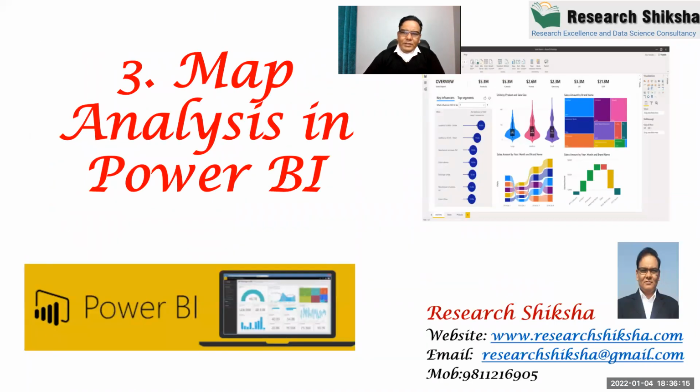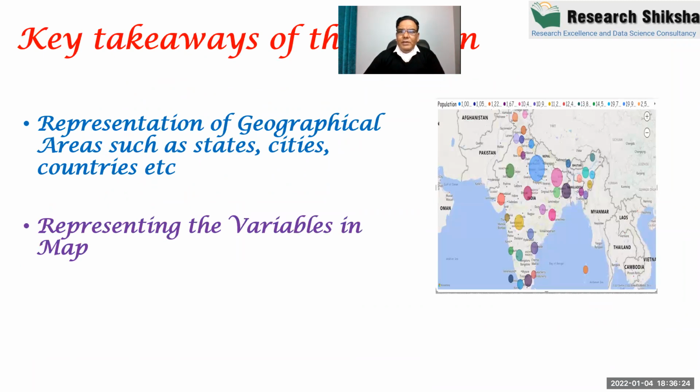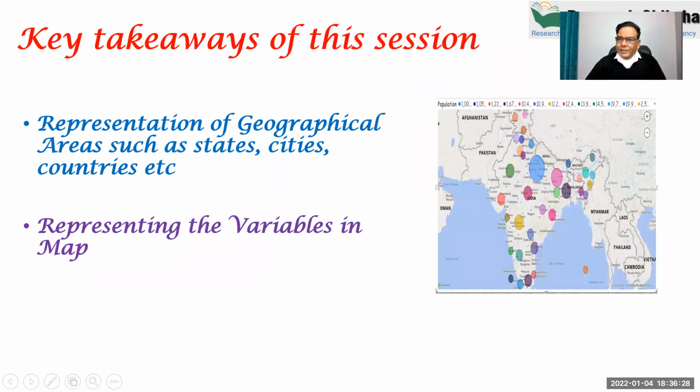Now the second thing which we learn today is the map. Sometimes we are having the data of the countries, data of the cities, sometimes we are having the data of the continents, countries, states. So how to represent the map?